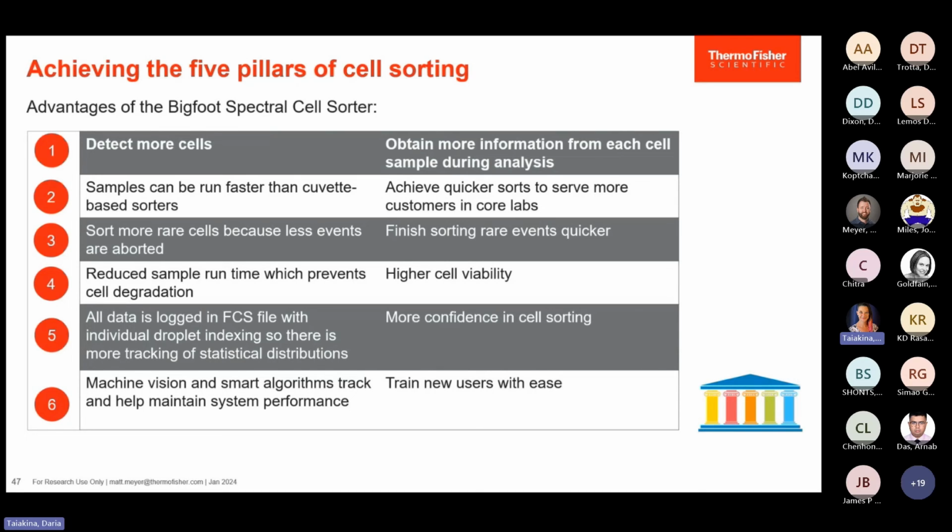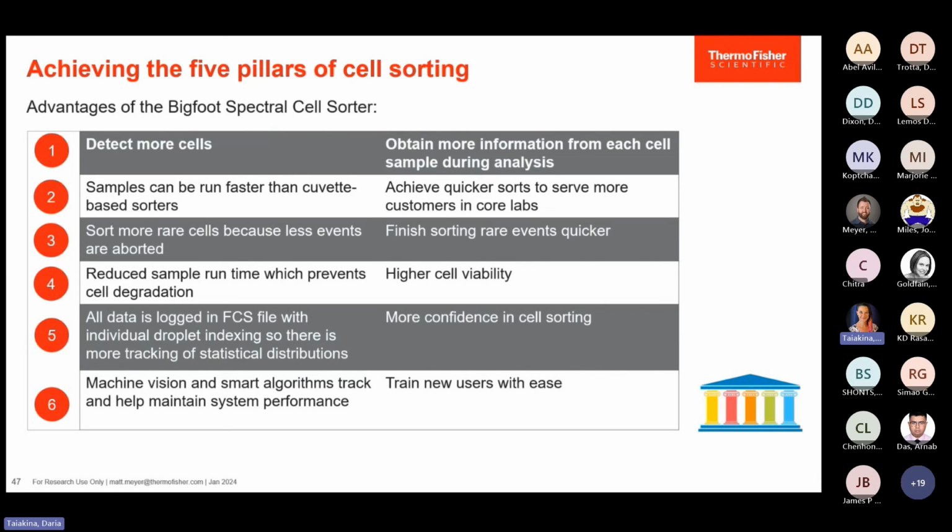The samples can be run faster, and this all goes back to pulse width and being able to get faster sort rates. And you can sort more rare cells because you're seeing more events. You can finish your sorting of those rare events quicker. You can reduce the sample runtime, and that will ultimately increase the cell viability.